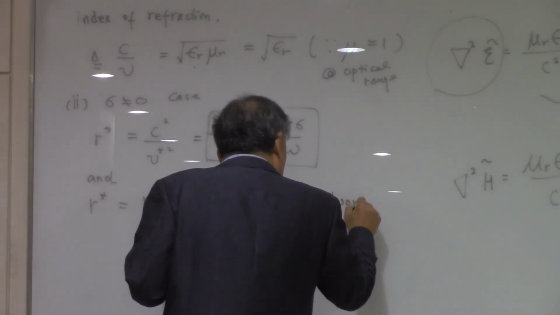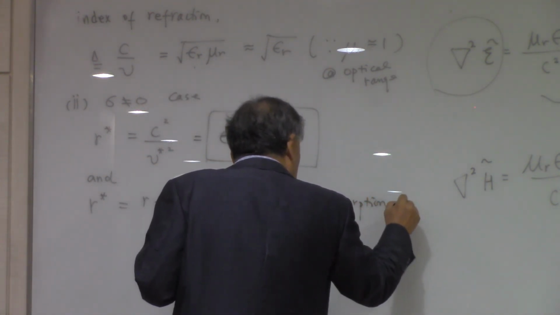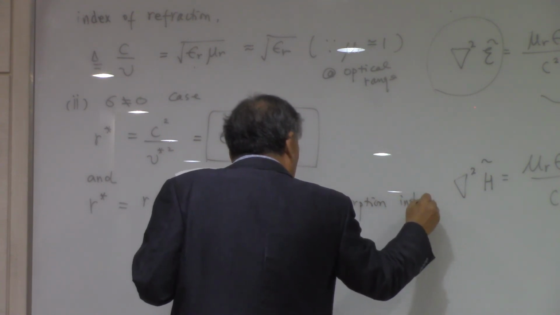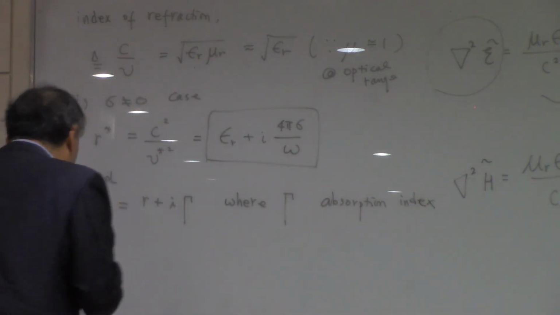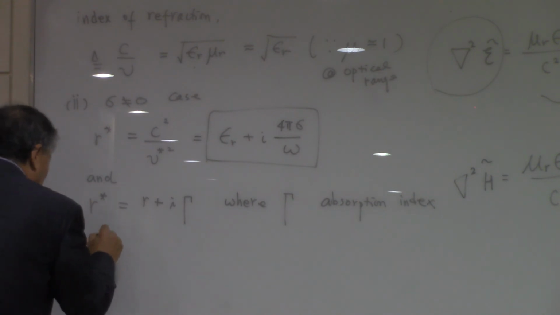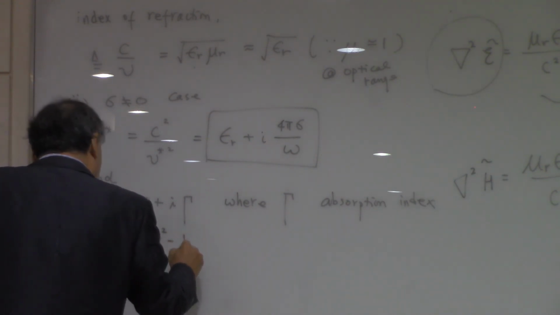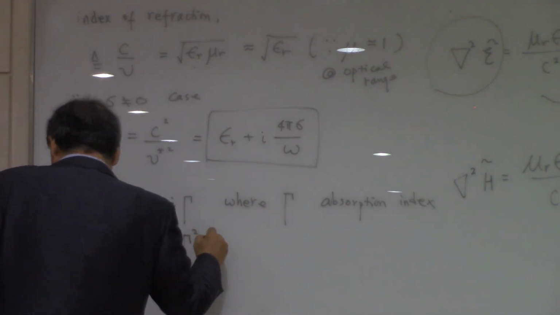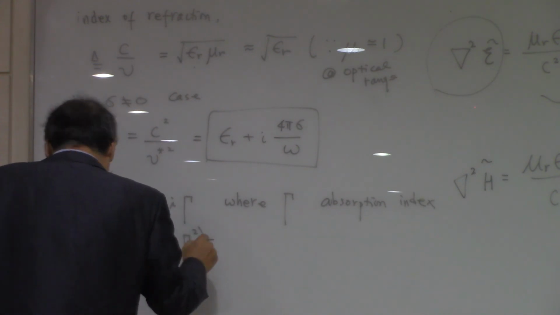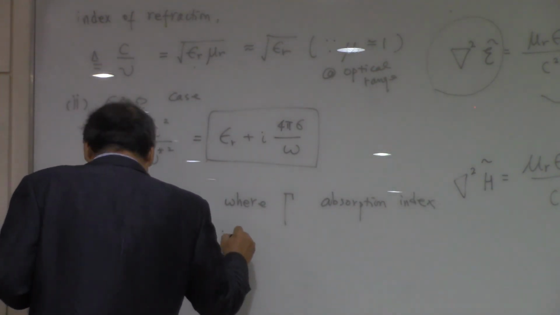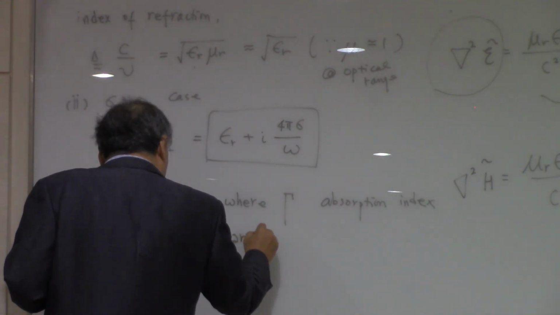We call this the absorption index. Okay, then n star square is nothing but n square minus gamma square plus 2 i n gamma.